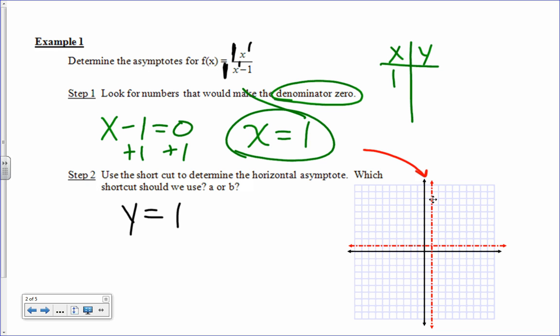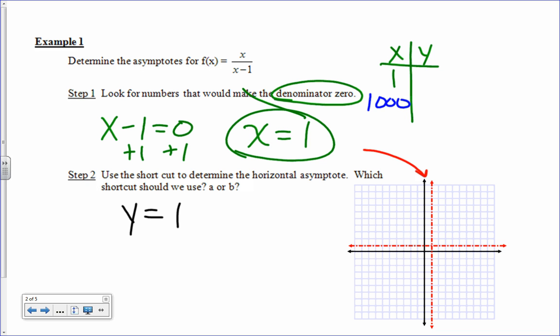I'm hoping you can see why the vertical asymptote is where it is, because x equaling 1 is never going to give me a response for the y value. Never going to work. But here's how I look at it. For horizontal asymptotes, let's pretend we're sitting at an xy table, but I decided I was going to do a weird one. Like x being 1,000. It's kind of a big one, right?